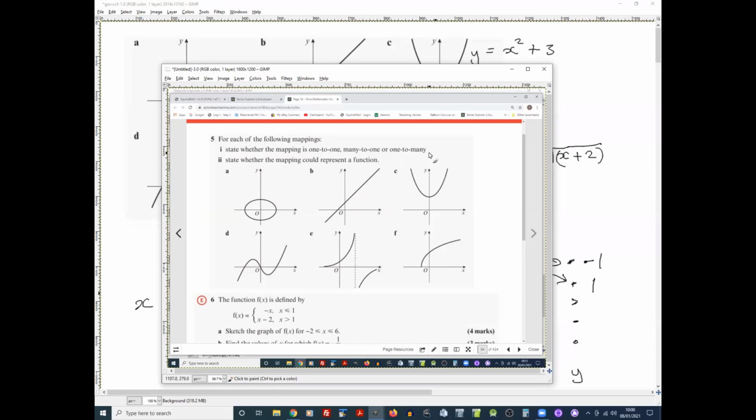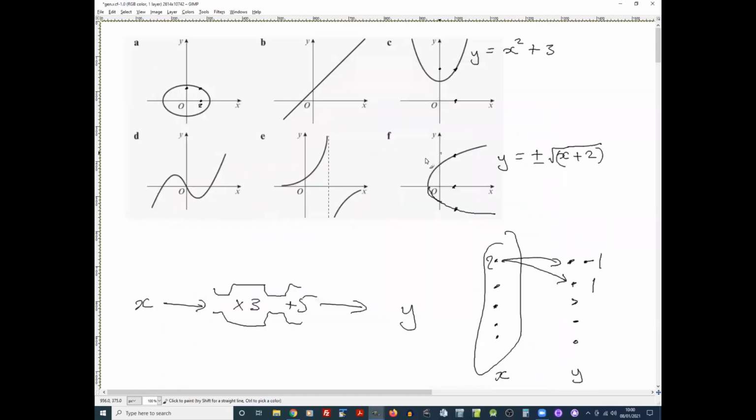Now you've excluded that for the right reason. You're saying it's not one to many like these two were. But it's not one to one either, because you could have many inputs anyway. Oh yeah, because it's the same y value. Yeah, they're not negative. Yep. Okay, yep. So it's many to one.